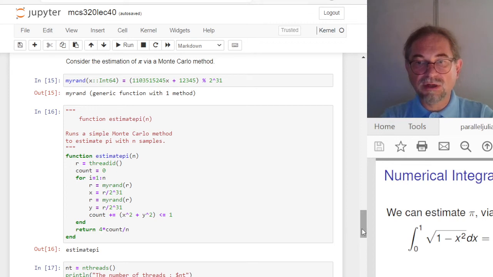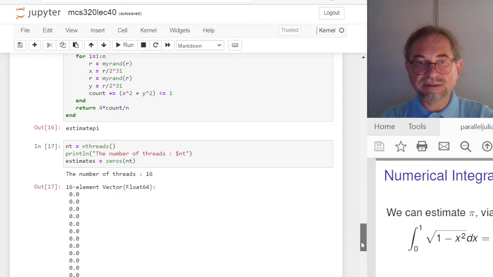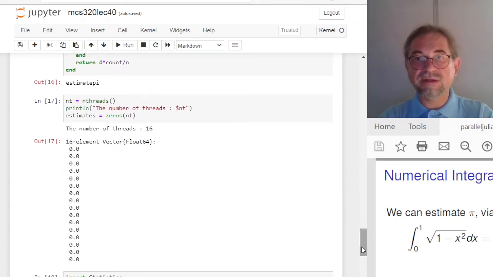Okay, so we have the number of threads. Very important in shared memory is that all threads have access to the entire memory location. So there are many things that can go wrong with threads that write in the same memory location. Here we will prevent this by allocating a vector of zeros.